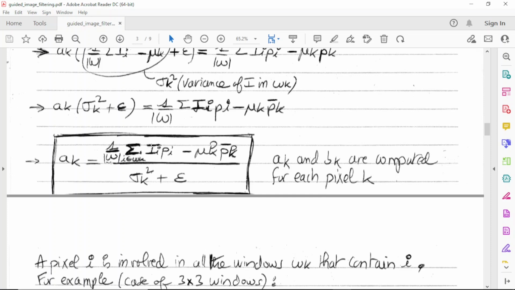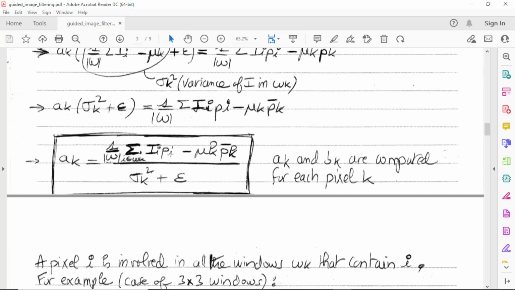So this one is the guidance image, basically the RGB left image. PI is your input, so this is your raw matching cost, that's the slice I talked about. So it's one slice of the cost volume.